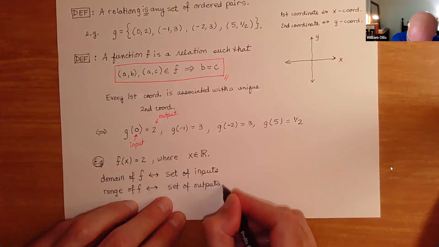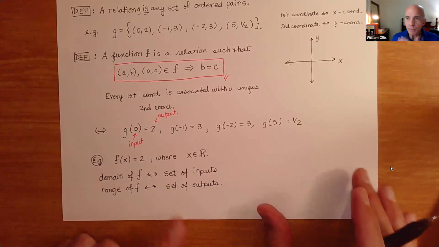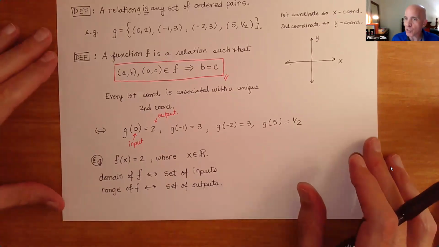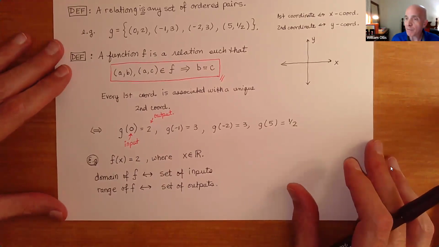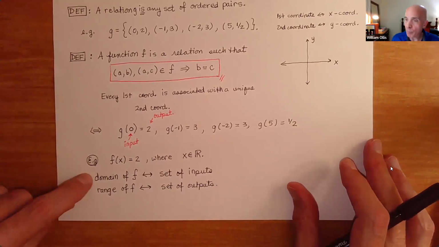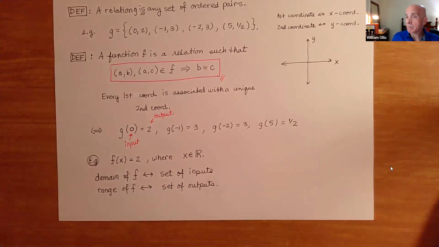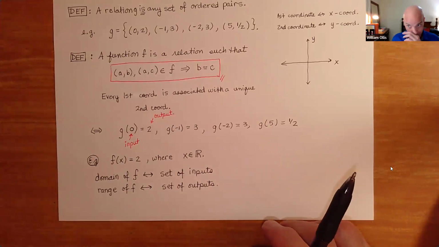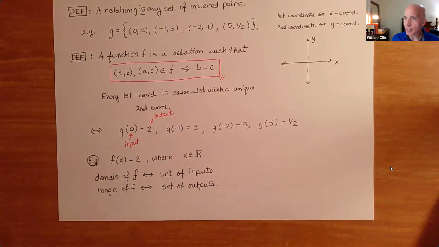And when you think about this, you should feel that you have much flexibility here and much control over the function. If you are defining the function, you can set your domain to be whatever you need for that particular problem. Or the problem may give you the domain. Or it may say, assume the domain is the largest possible set for which the function has a well-defined output. So that can mean a myriad of things.